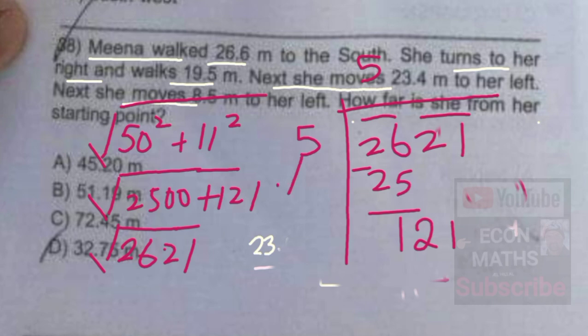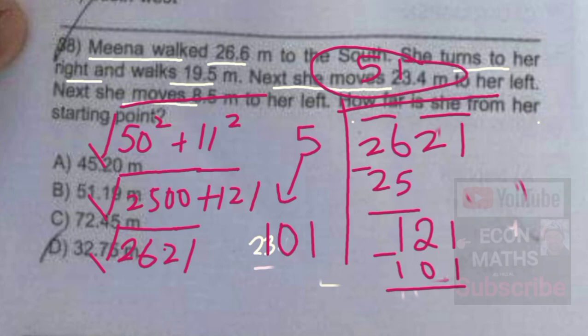So this 5 gets doubled. So this becomes 10. So 101 into 1 is equal to 101. So we got 51 point something. So in the options we can see we have 51.19. So the correct option would be B, that is 51.19. I hope I make myself clear. This was a tricky one.